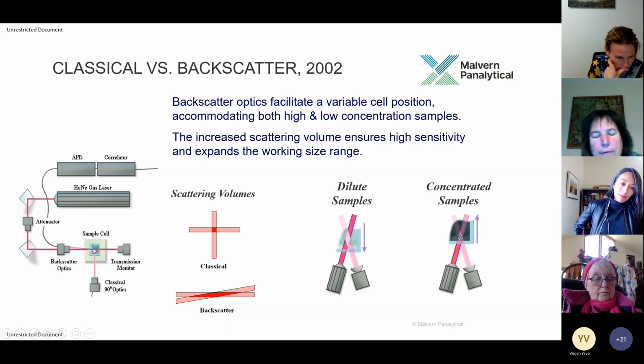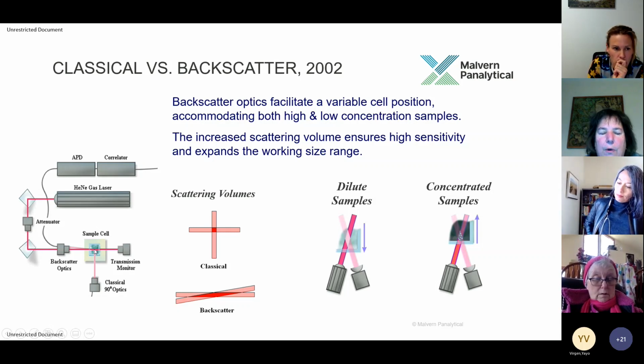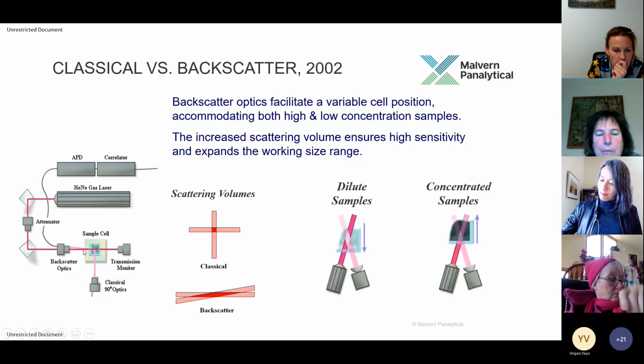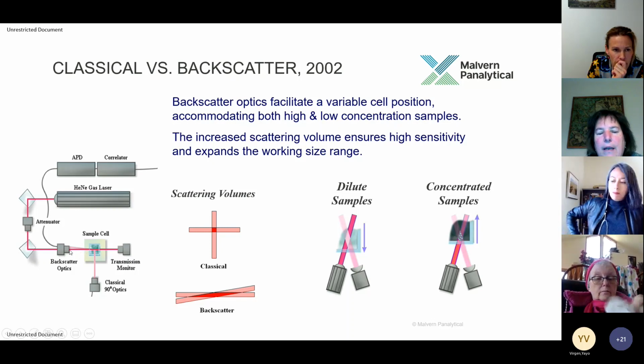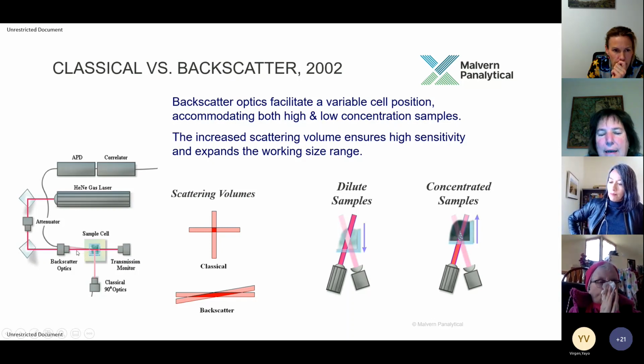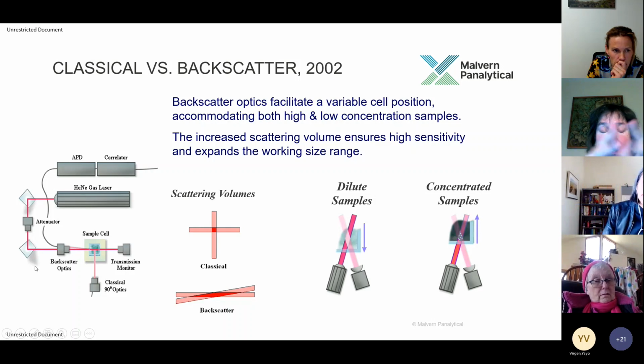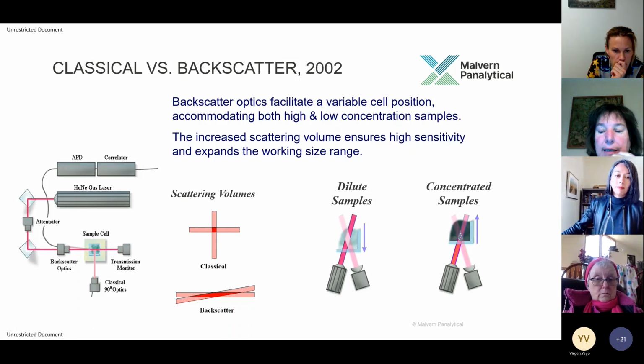Now, for people who had traditional 90-degree systems in the past and wanted to reproduce their older data, we also sold it as a 90-degree system, but most people, almost everyone, bought it as a backscatter instrument. And it was a huge jump in dynamic light scattering technology back in 2002.